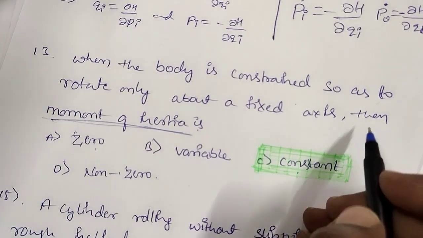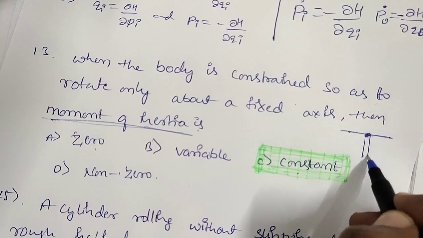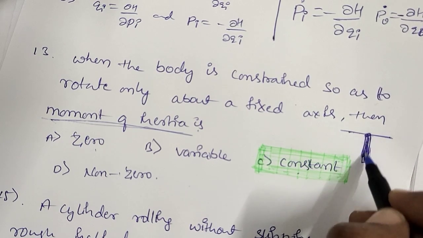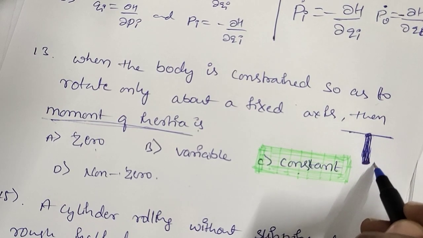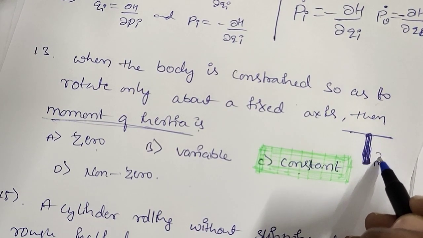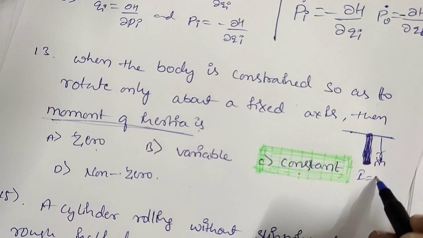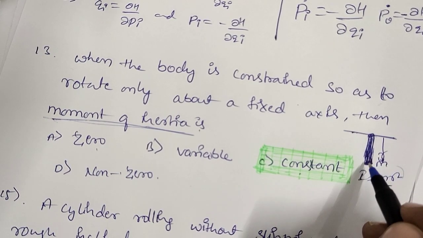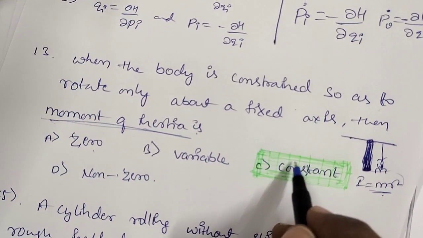Let us consider a rigid body which is fixed, with a mass at distance r from the reference axis. Then the moment of inertia I is equal to mr square, and this is constant. While rotating, mr square is not changing. So the answer is constant.